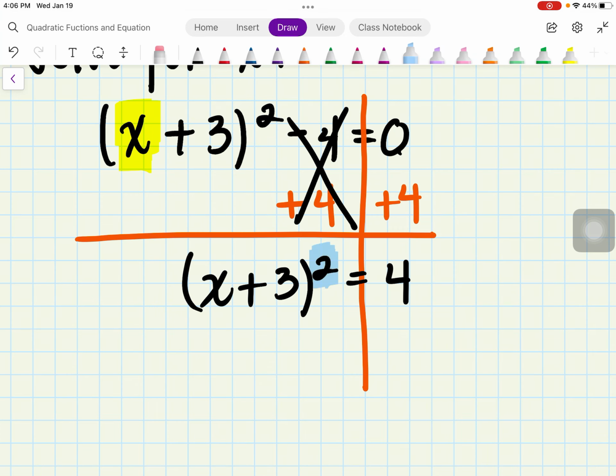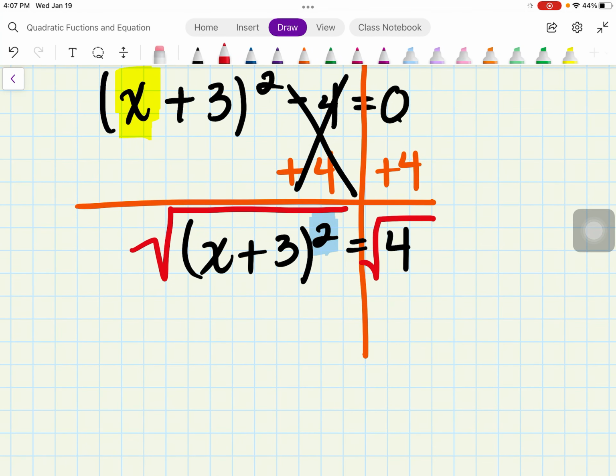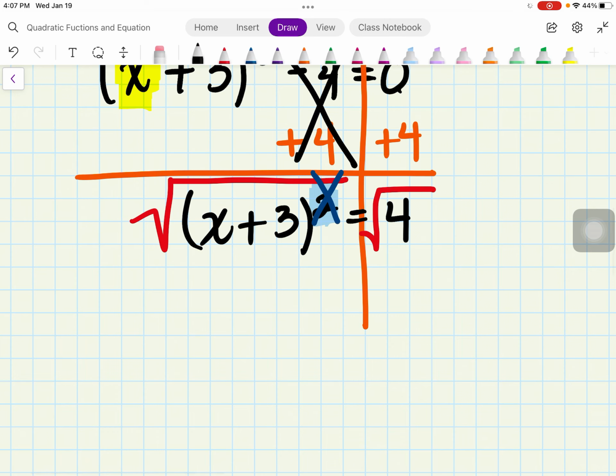Now let's move on to our next step. Our goal now is to get rid of our squared. Yesterday we saw that the opposite of squaring a number is taking the square root. So I'm going to take the square root on both sides. Taking the square root cancels out both the squared and the square root, and we're left with x + 3 = the square root of 4, which is 2.